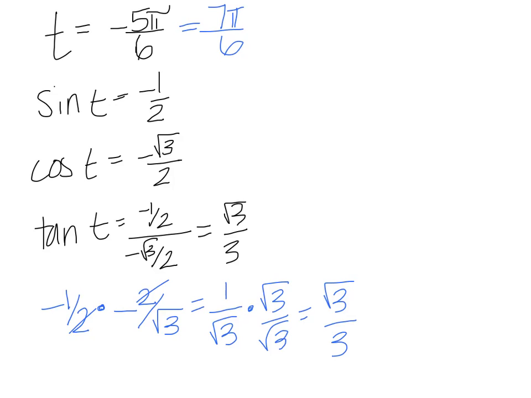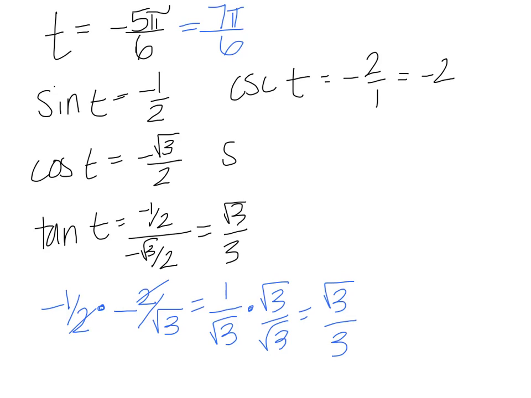Which trig function is tied to the sine? Cosecant. So let's find the cosecant of t. If the sine was negative 1 over 2, what's the cosecant? Negative 2 over 1. You're not changing positives and negatives. You're just flipping fractions. So my cosecant is just negative 2. Which trig function is tied to the cosine?